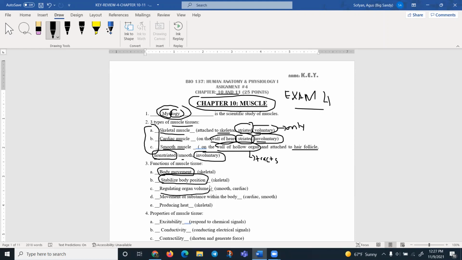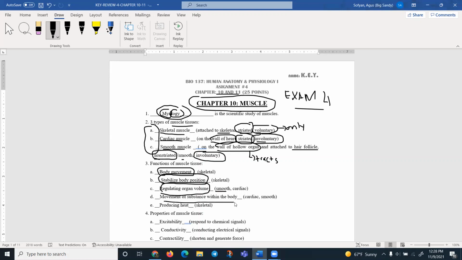Regulating the volume, like the cardiac muscle, regulates the heart volume by pumping the blood. Smooth muscle also regulates the volume of food in the stomach, for example. The volume of air in the lungs is also controlled by smooth muscle.